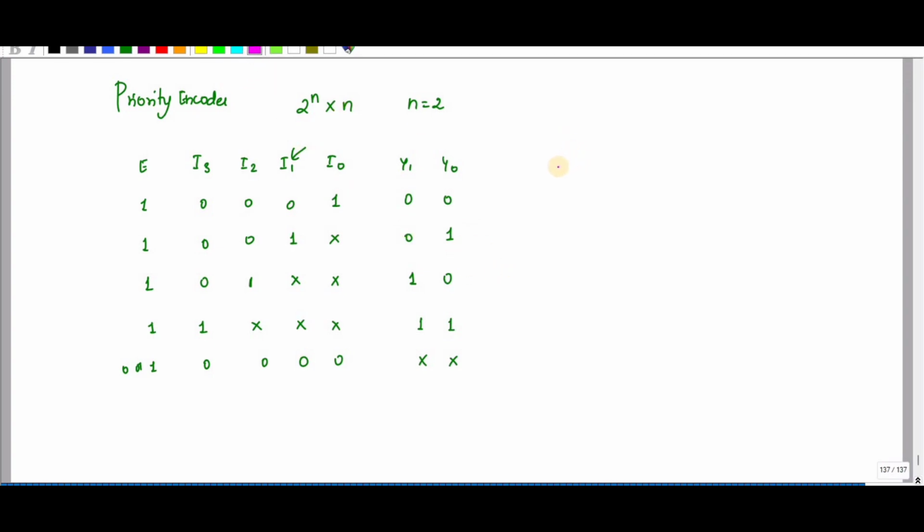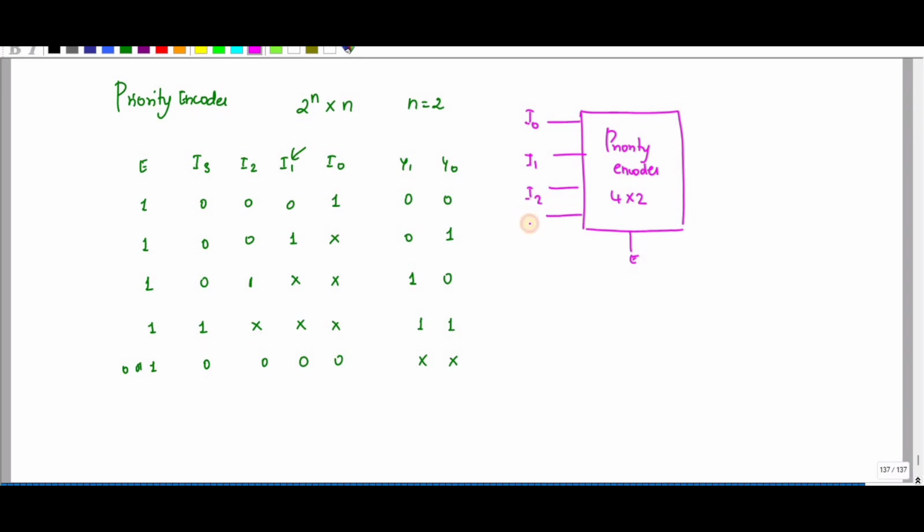The block diagram looks the same as the encoder. So this is the priority encoder, a 4 to 2 with enable pin, inputs I0, I1, I2 and I3, and Y1 and Y0 as your outputs.